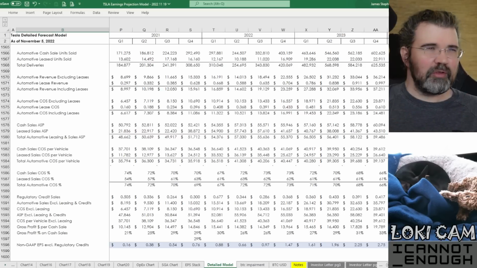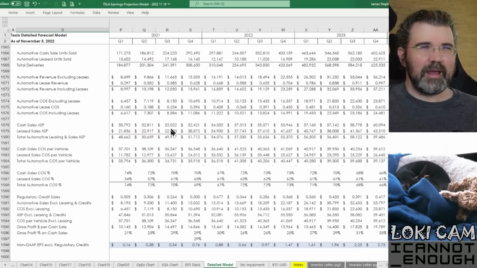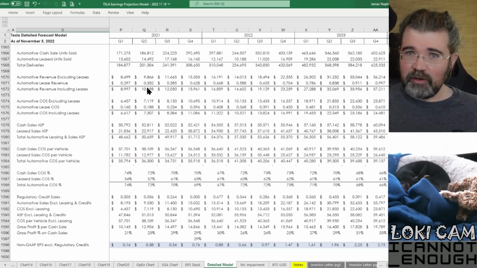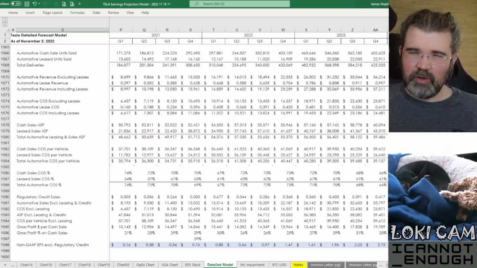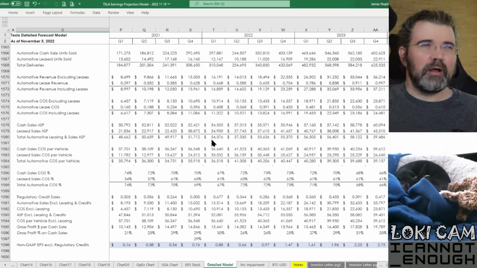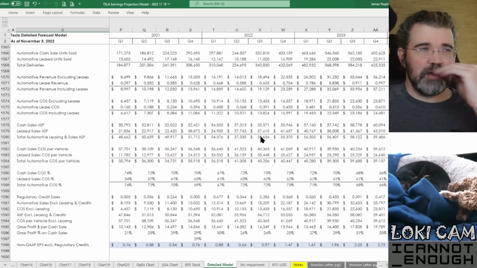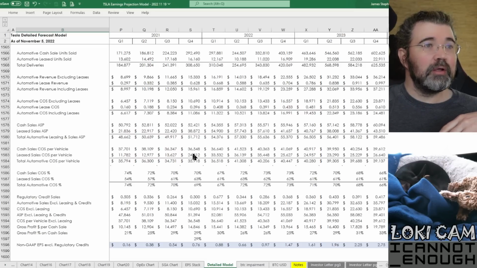So you can sometimes see some weird numbers here and be like, hey, how does that jump around so much? It's just taking the reported leased revenue number divided by the reported leased deliveries from that quarter, which doesn't always come out to the same number. So you don't have a lot of meaningful takeaways from reviewing that row.